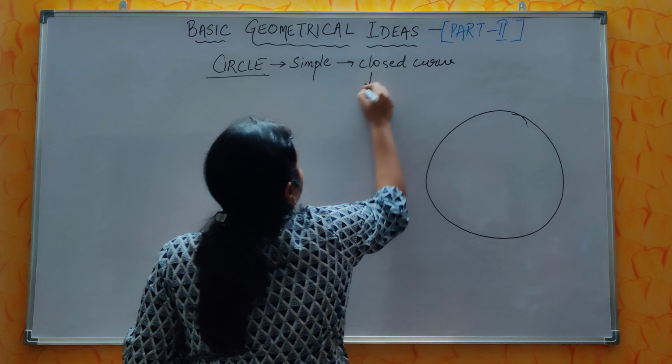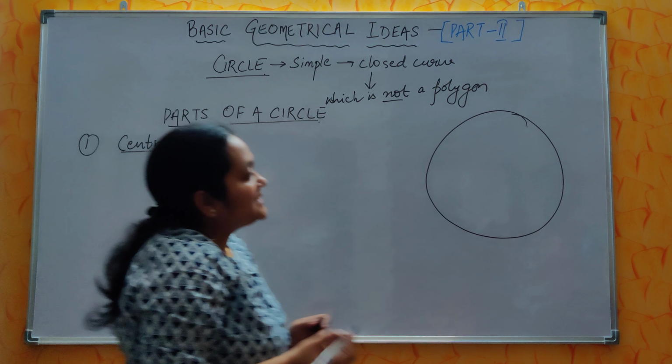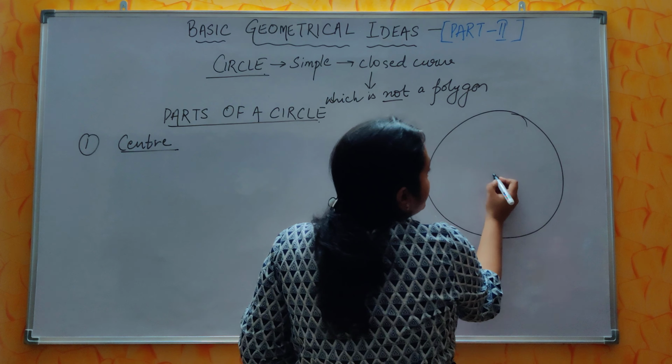First one is center. What is center? Center is a point in the middle of a circle. Let us denote it by O, which is equidistant from all the points on the circle.